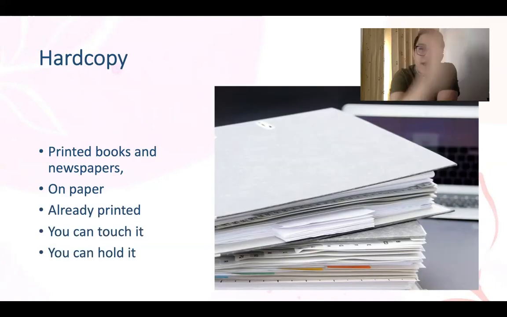So now try to remember soft copy. You can remember it like this: soft is on the computer, is digital, you cannot touch it. You can send it to other people, you can send it to your teachers. So till now, everything you gave me was soft copies because you didn't print out, right?